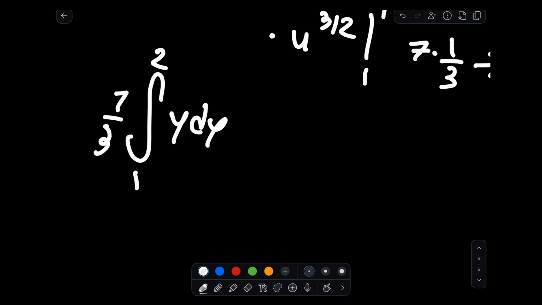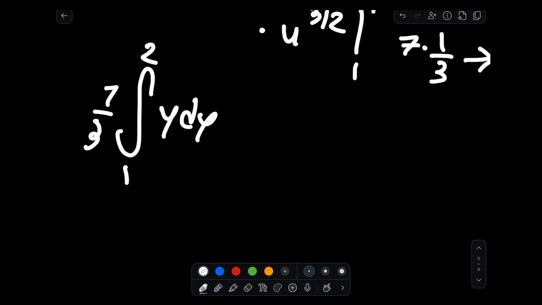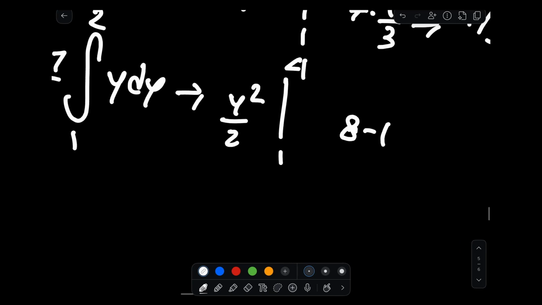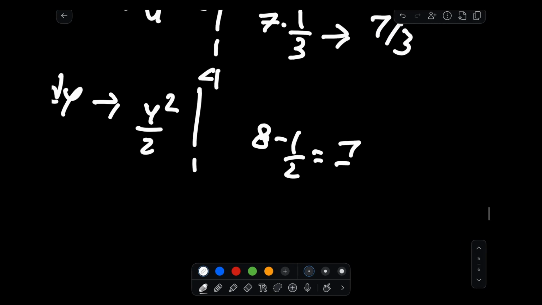And this is going to become y squared over 2, evaluated from 1 to 4. So this is going to become, not 7, it's going to become 8 minus 1 half, which is equal to 7 halves.